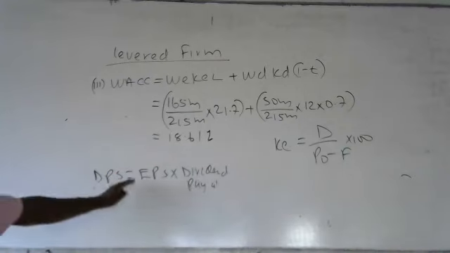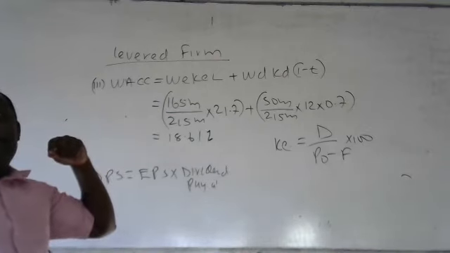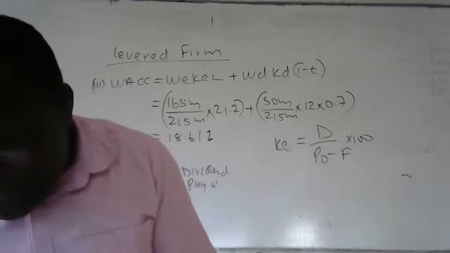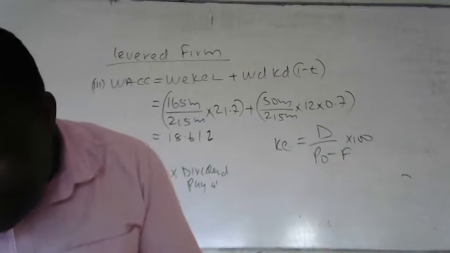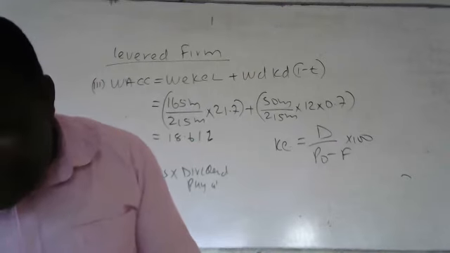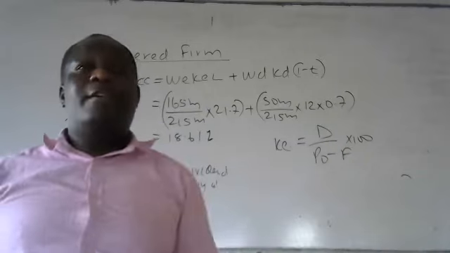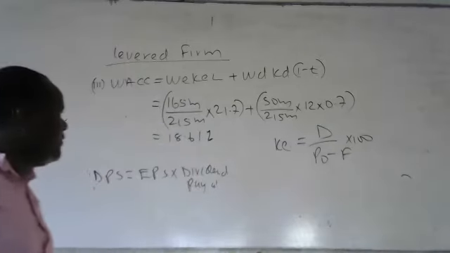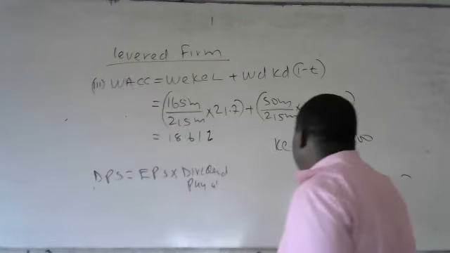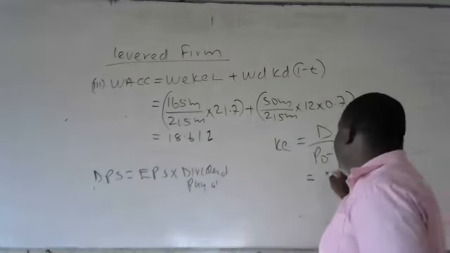So if they adopt a 100% dividend payout ratio, the dividend will remain the same as the earnings per share, which was given as 4.